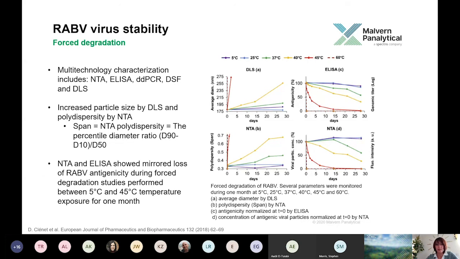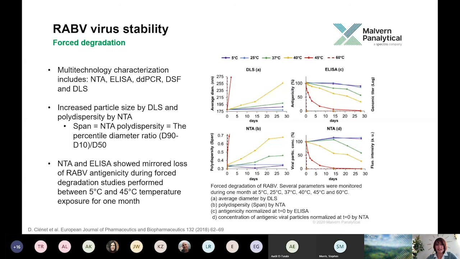The results presented here are from the 30-day study. The unstressed control was stored at -70 degrees. During the study, many techniques were used to analyze the samples, including NTA, ELISA, ddPCR, DSF, and DLS.